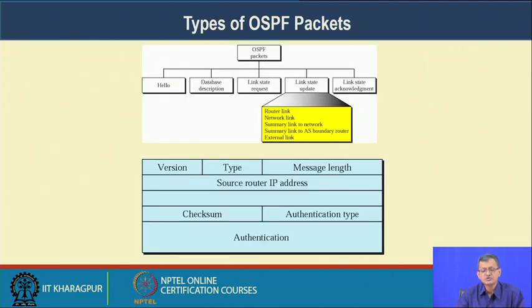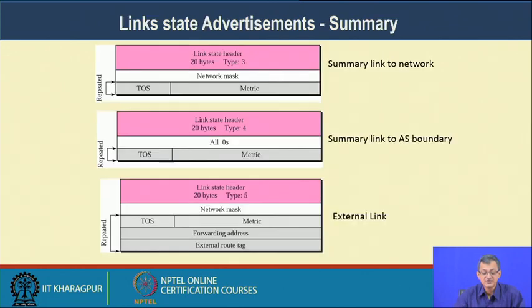And this shows the different types of OSPF packets, especially the link state update, where we require the router link, network link, summary link to the network, and summary link to AS boundary routers, which takes care of the summarization of the whole autonomous system and shares it, and external links. And this is the typical format of the OSPF packet.